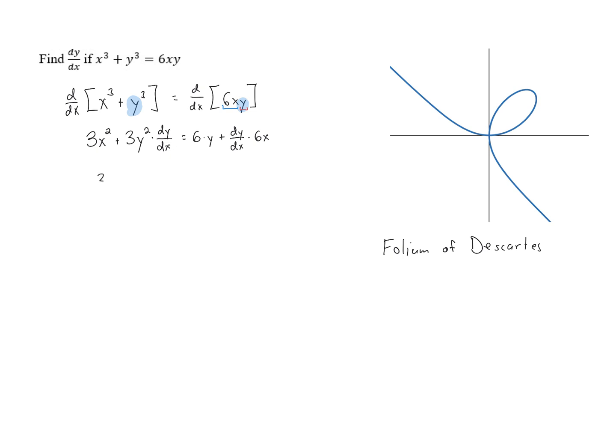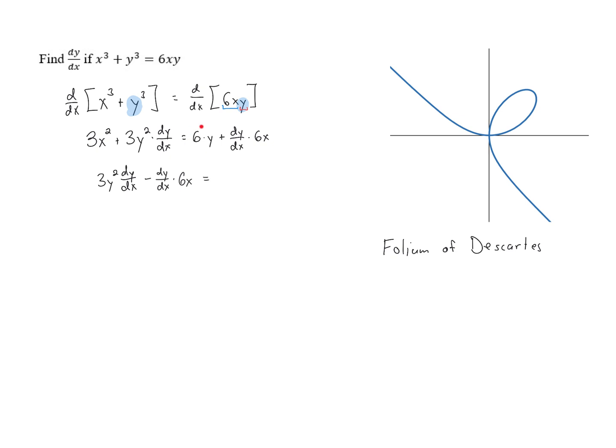So we've got this 3y squared dy over dx on the left, and if we subtract this other term from both sides, that's going to move it from the right to the left. That's going to be minus dy over dx times 6x.